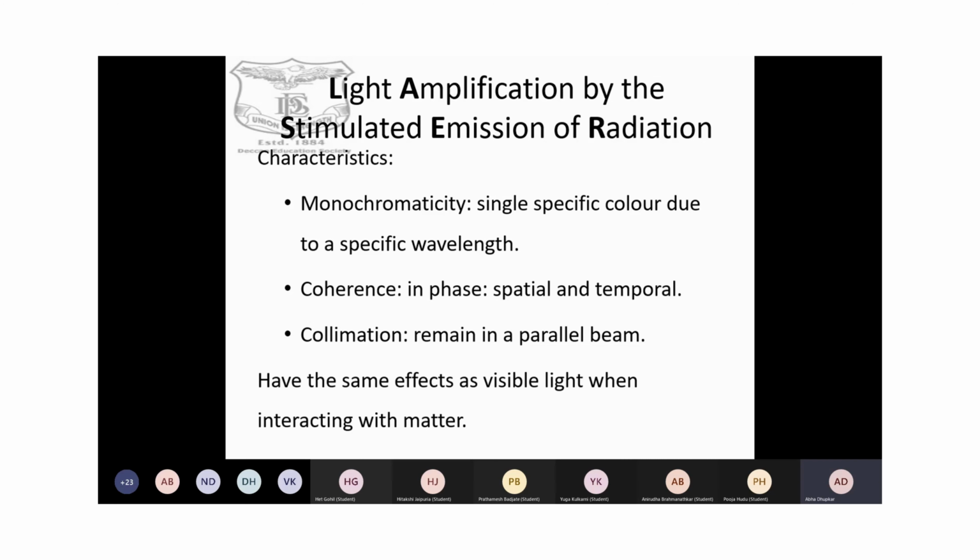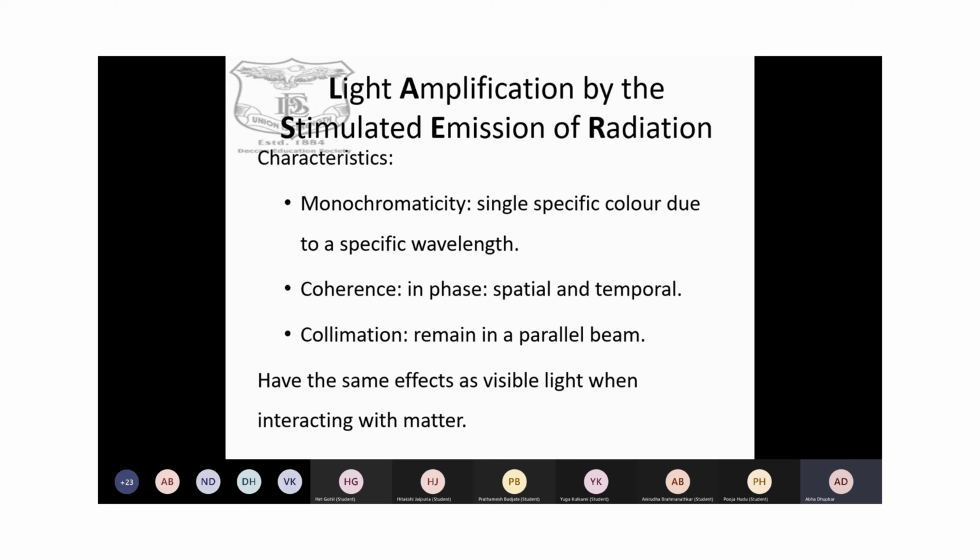Now, this is very important. They are going to have the same effects as light when they interact with matter. So when they are directed upon something, they will scatter and they will deviate and they will show attenuation and they will show all the laws of radiation.